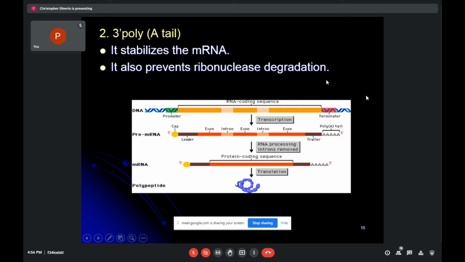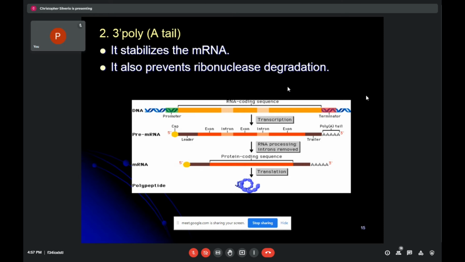Jem? And also it will prevent ribonuclease degradation. So the 5' 7-methylguanosine cap and the poly-A tail have somewhat similar function.